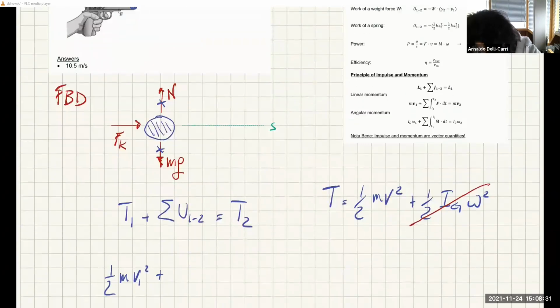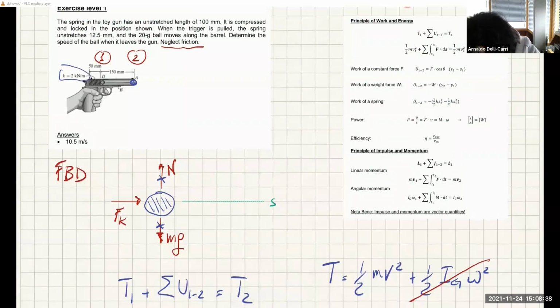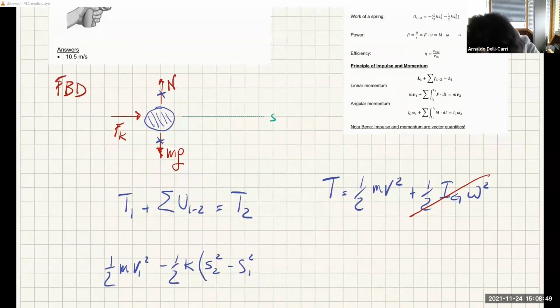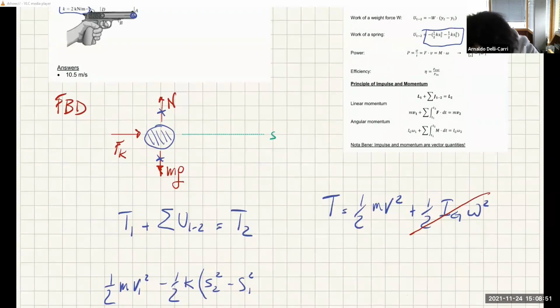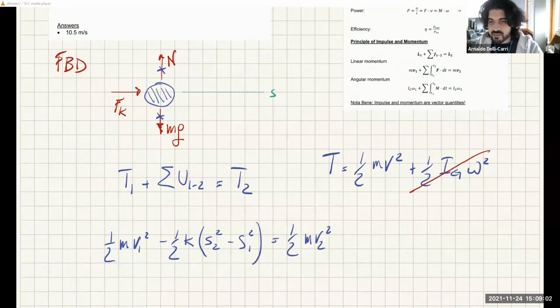So the work of a spring is minus, not plus, minus half the stiffness of the spring, which is given here, times the stretch at instant 2 squared minus the stretch at instant 1 squared, equals half m v2 squared, where v2 is the velocity at instant 2, which is exactly our unknown. So this is what we want to find.